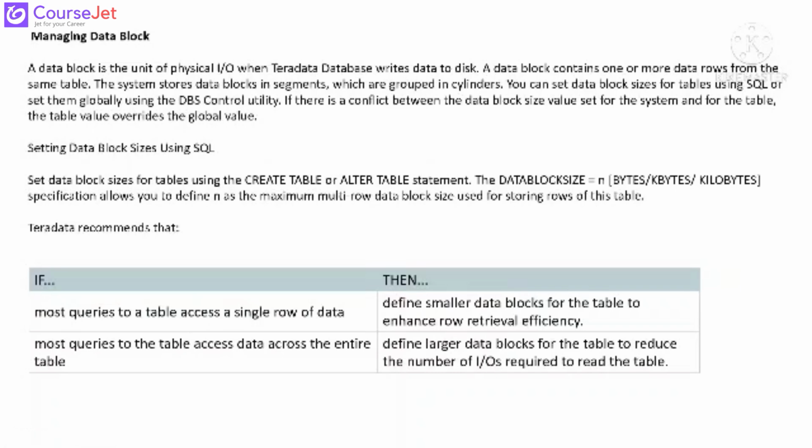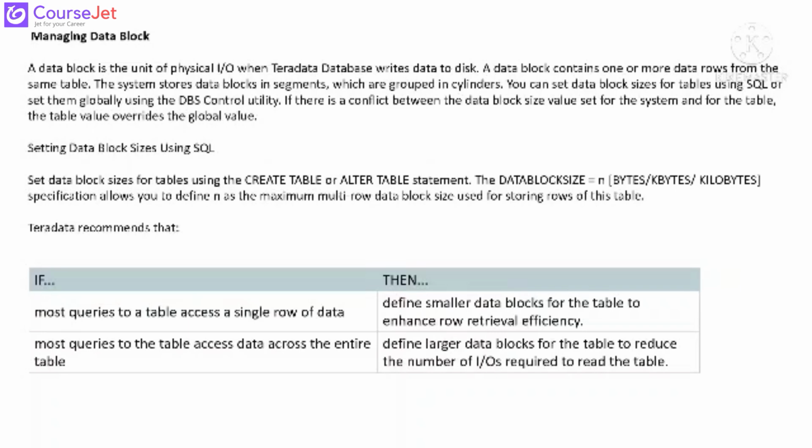And Teradata recommends that if most of the queries to the table access a single row of data, then you need to give a smaller data block size. Because if you give a bigger data block, then it needs to go and search through the rows.